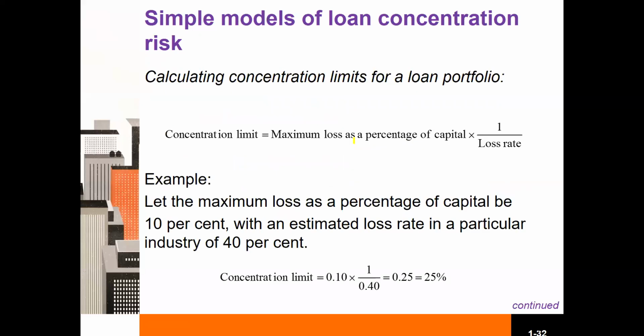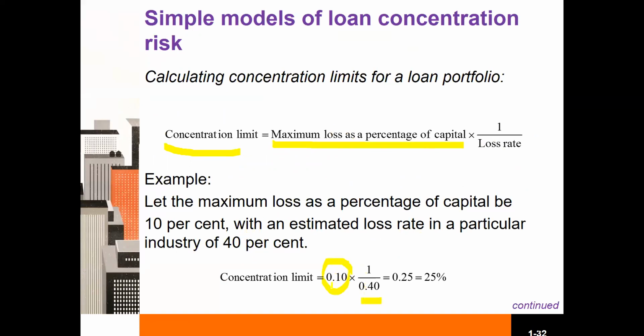So this is how we calculate the concentration limit. Concentration limit is the maximum loss as a percentage of capital divided by the loss rate. Let's say a bank has decided the maximum loss they can afford in a particular sector is 10%, and in that sector the estimated loss for each dollar of lending is 40 cents.